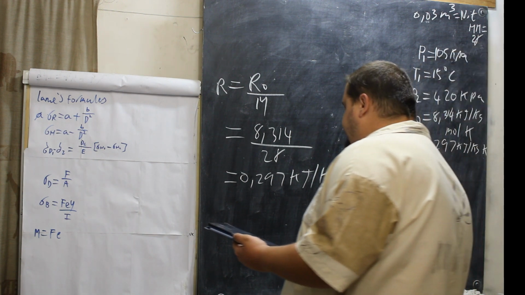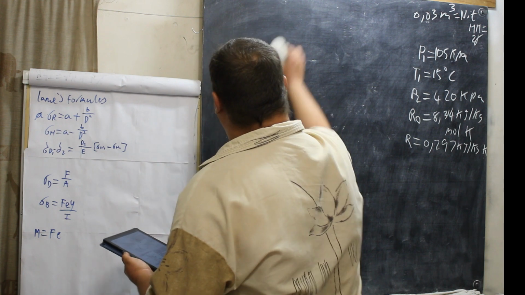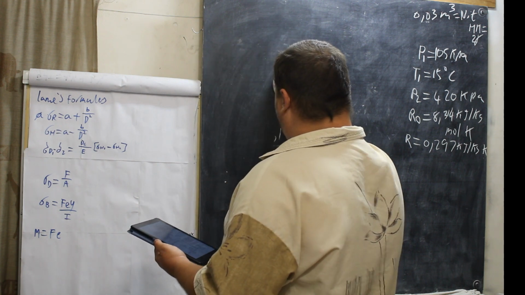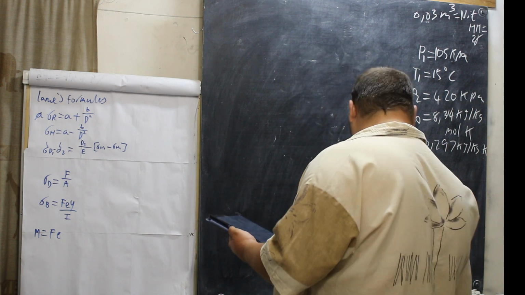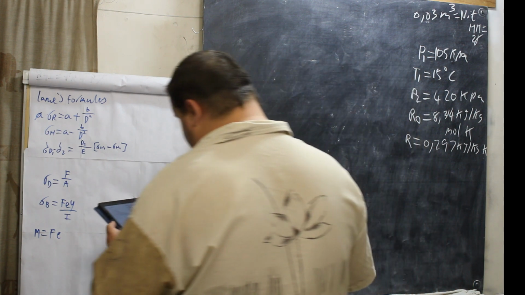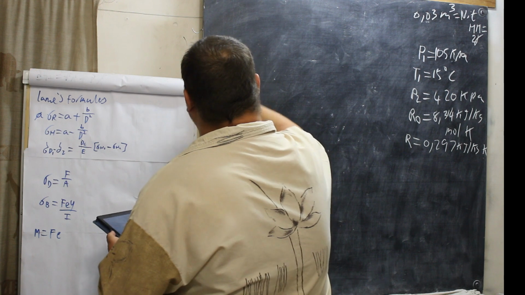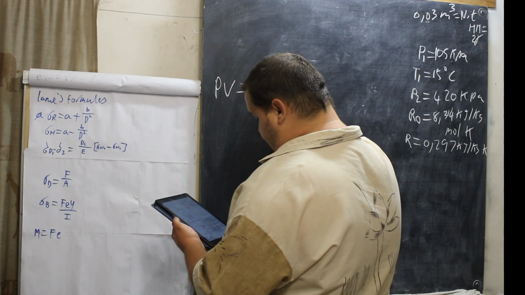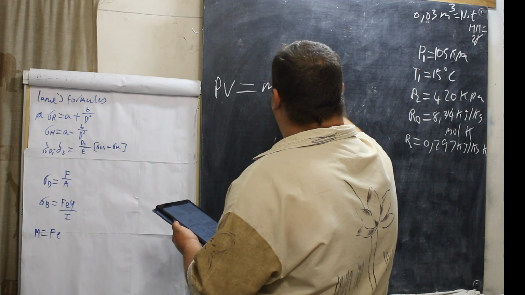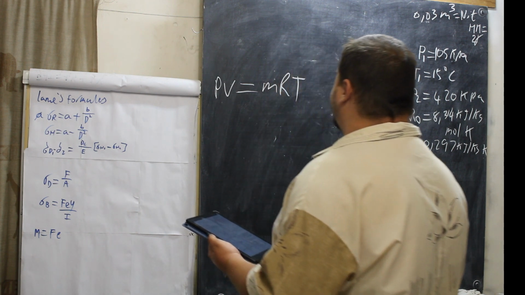Next thing we do. Now we're working with a perfect gas. So our perfect gas laws apply. So our perfect gas law is PV equals mRT.